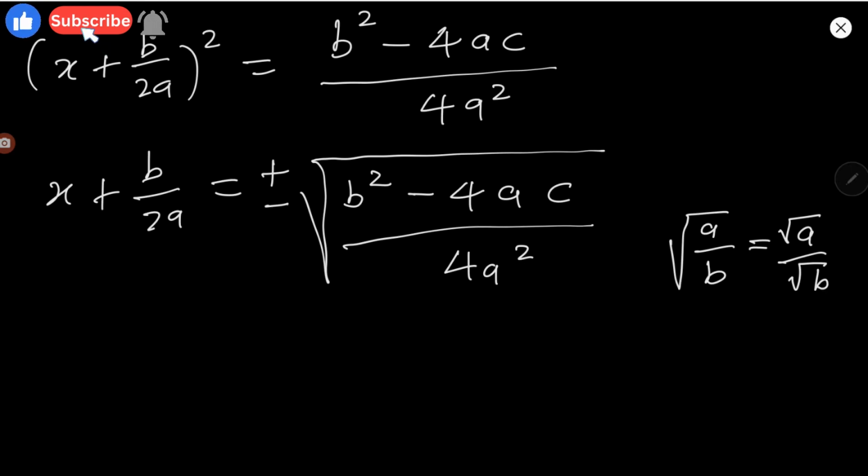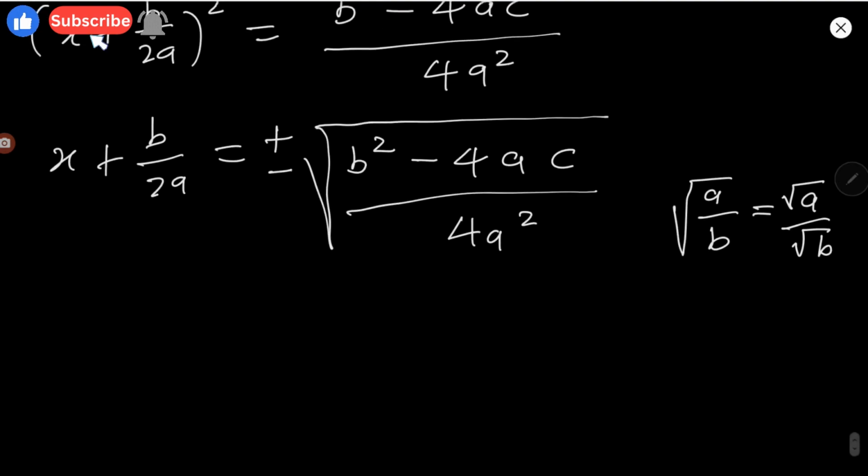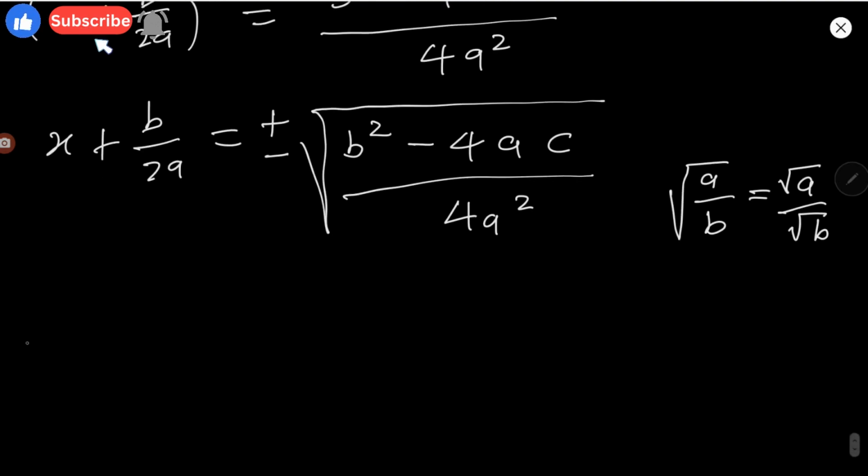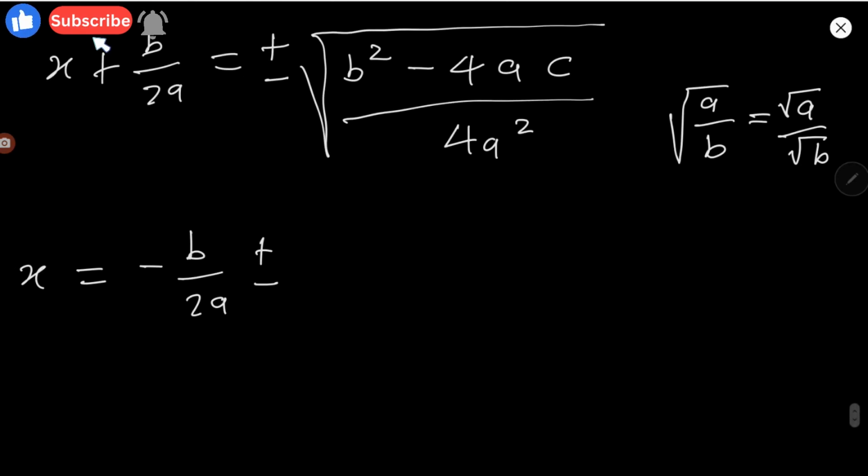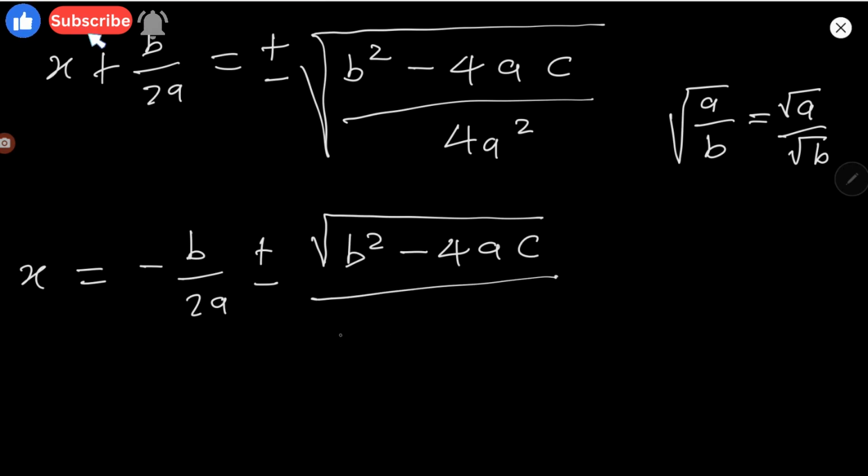So we shall distribute the square root to this fraction here. So I'm going to say this is x. I can take this the other side since I'm solving for x. It is equal to minus b over 2a, then plus or minus, distributing the square root, the square root on top of b squared minus 4ac over the square root of 4a squared.